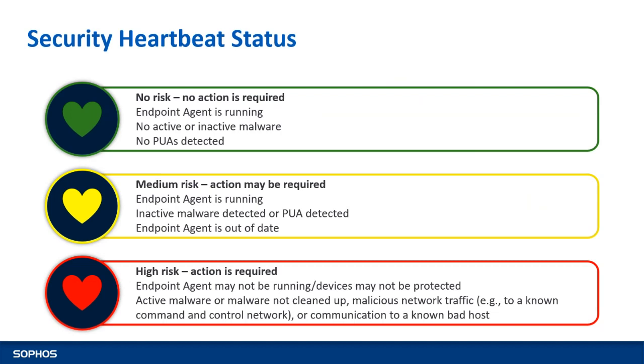If the computer has a yellow state, the endpoint agent is running, so the computer is still protected, but inactive malware or potentially unwanted applications have been detected, and it may also indicate that the endpoint agent is out of date. Okay, this is really important because it appears on the test.